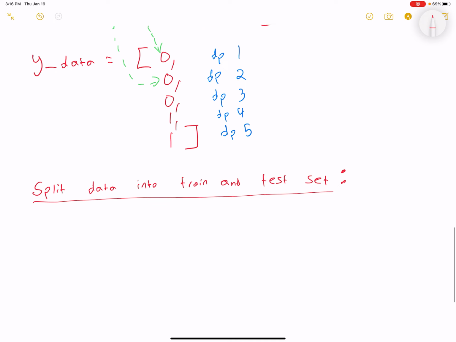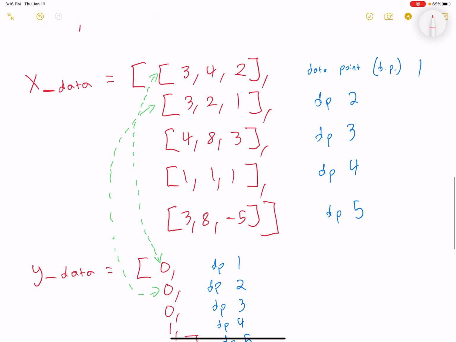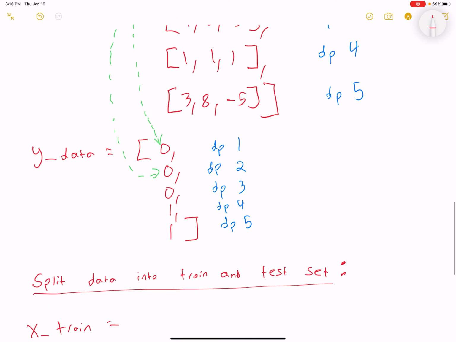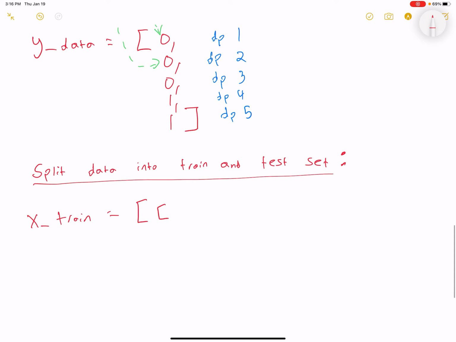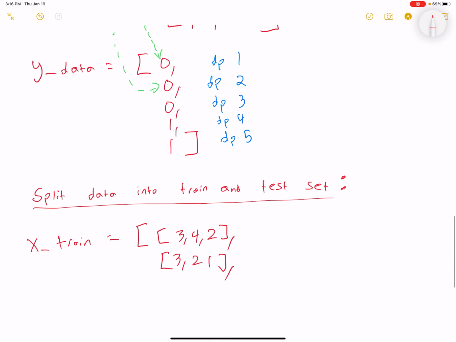For example, with this example, the training set might be the first 3 data points, and the test set might be the last 2 data points. So X train, just to be super clear, I'm going to write it out, would be 3, 4, 2, 3, 2, 1, what was it, 4, 8, 3.